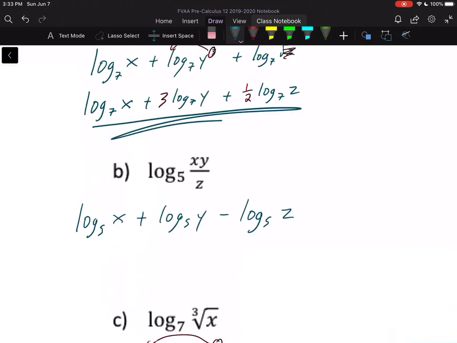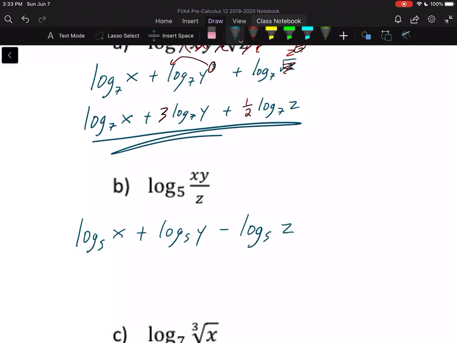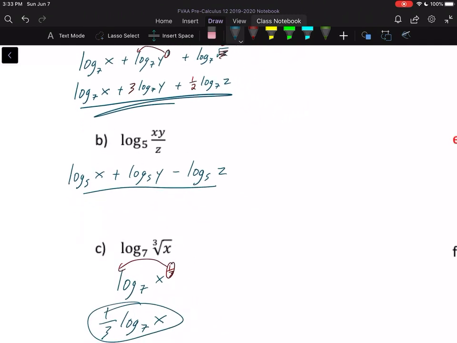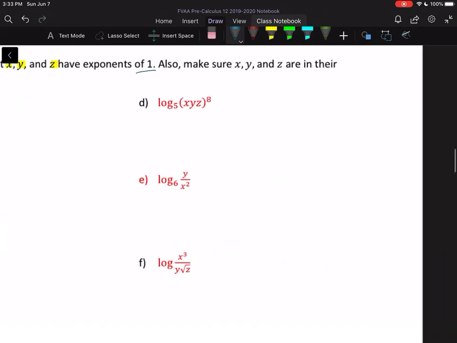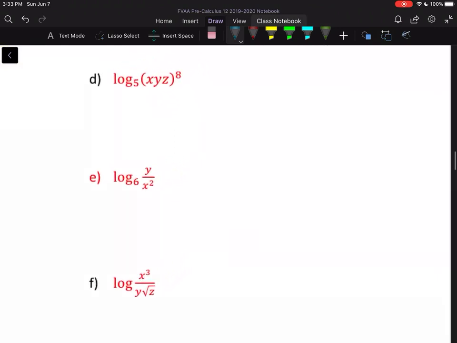All right. And so those are 3 examples there. Go ahead and pause the video and try these 3 on the right on your own, and then unpause when you feel like you're ready to see the answer.